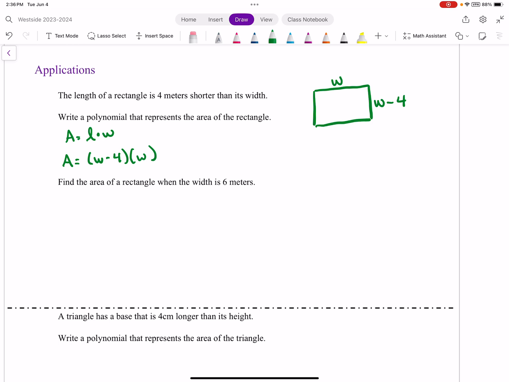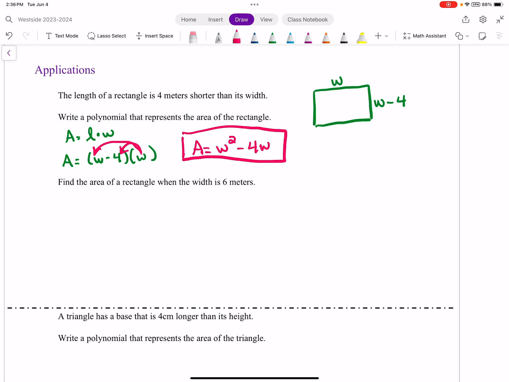I'm going to distribute, but we're going to distribute that w at the back. So w times w is w squared. And then w times negative 4 is negative 4w. So our polynomial that represents the area is this right here in red. A is w squared minus 4w.